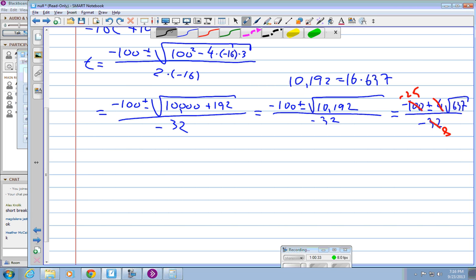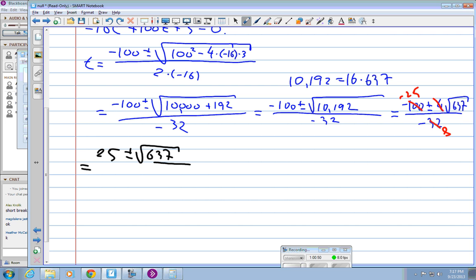Technically, you cannot because of the middle part. But since the middle is plus or minus, you can actually go ahead and reduce everything by negative. It's actually going to give you 25, well, minus or plus. So it's still plus or minus square root of 637 over 8. Yeah, that wouldn't matter.